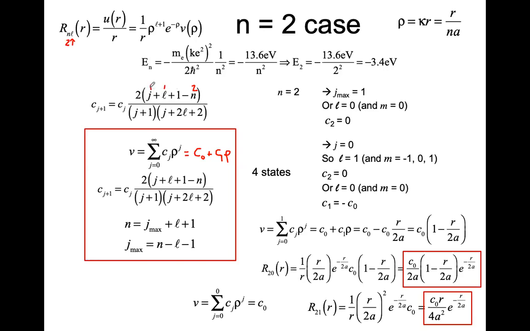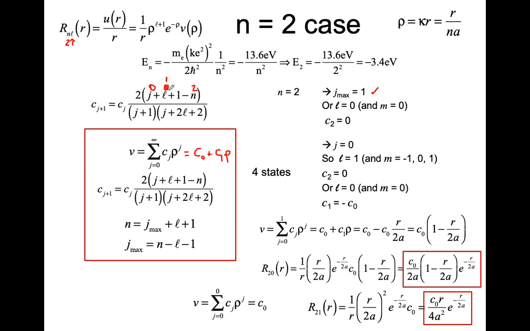So if j is equal to 1, that must mean L is equal to 0, right? And then I've got 1 plus 1 minus 2. Yep, that one works. So if the maximum, if I have the first coefficient, I can have L equal to 0, in which case I have M equal to 0 as well. What about when j is equal to 0? Would that work? Well, then I'd have 0 plus something. It's not 0 yet. So I get 0 plus 1 minus 2.